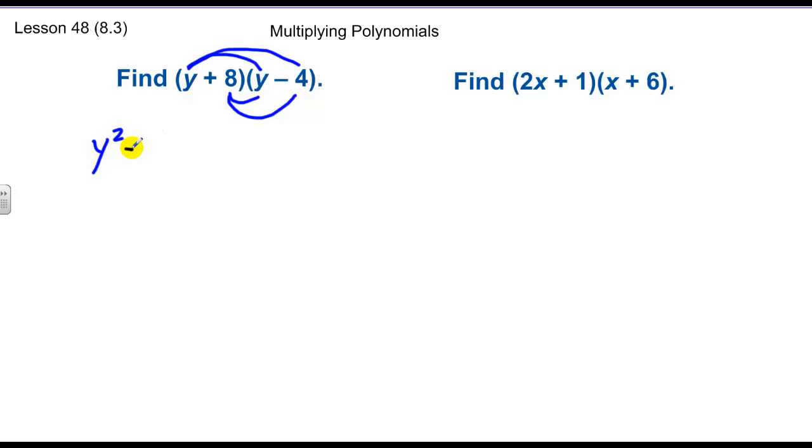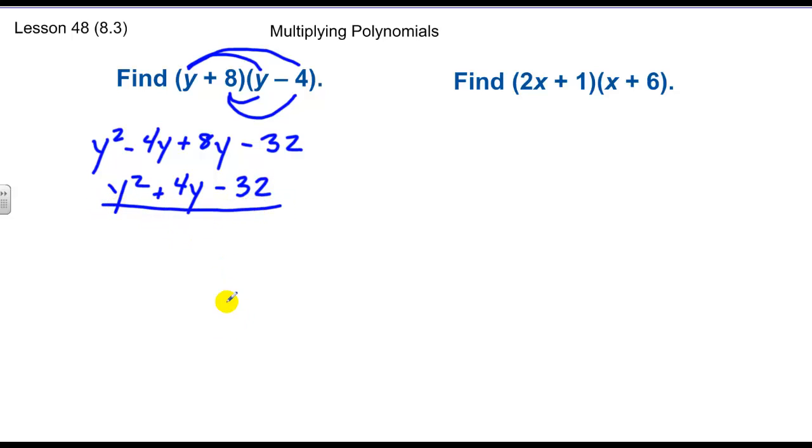Y times -4 is -4y. 8 times y is 8y. And 8 times -4 is -32. I combine like terms and I get y squared plus 4y minus 32. And that's my multiplication.